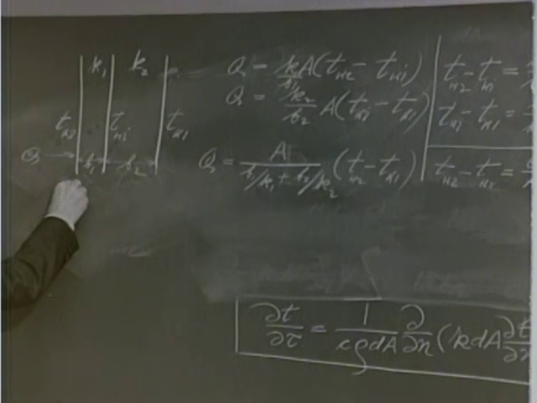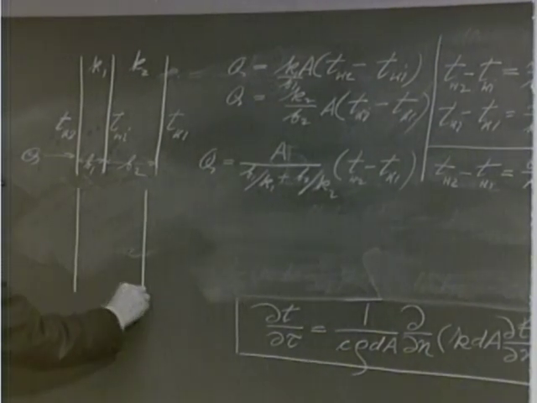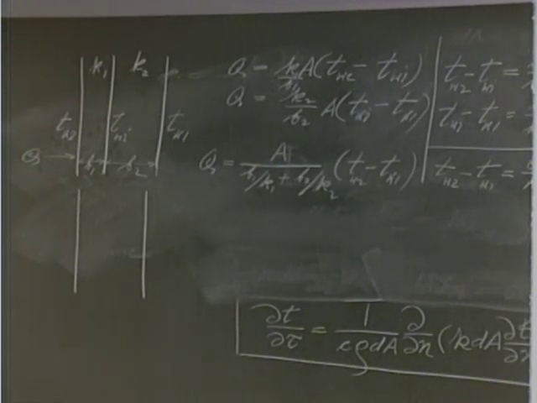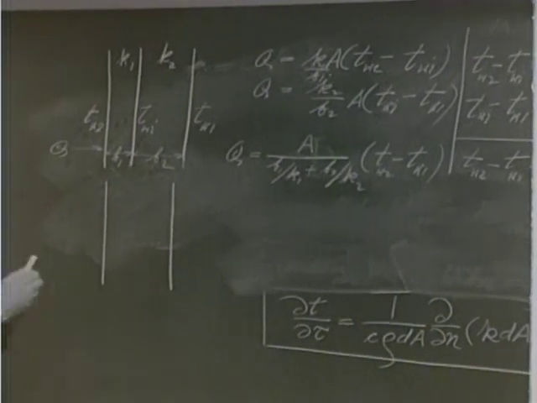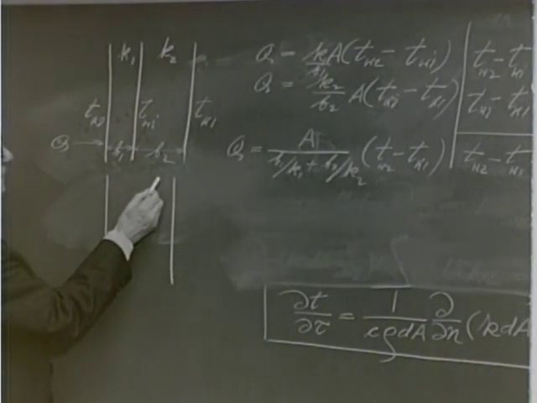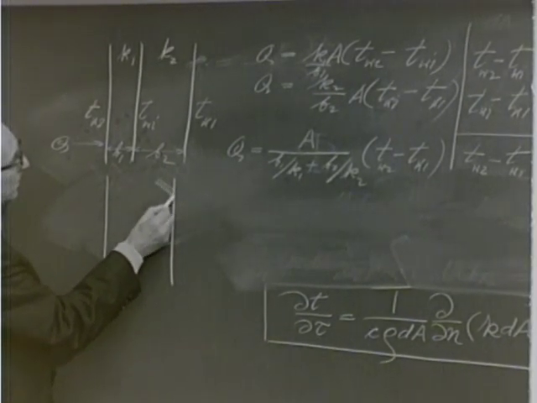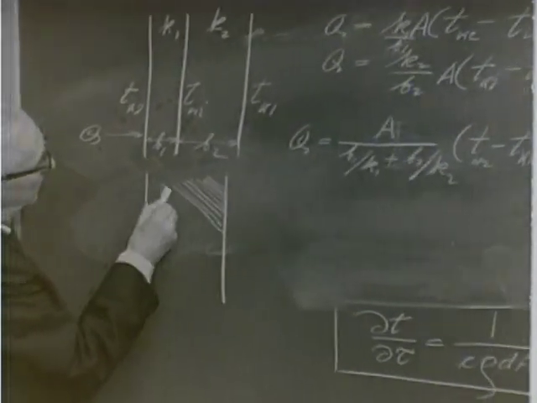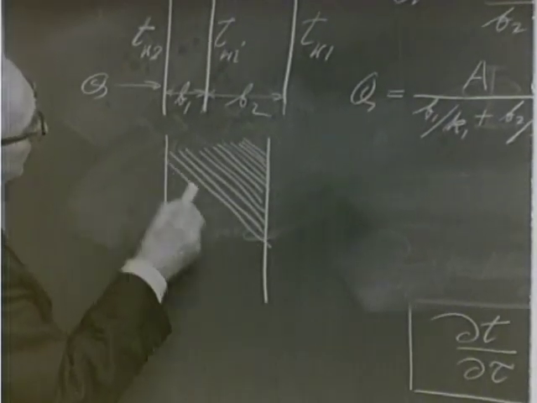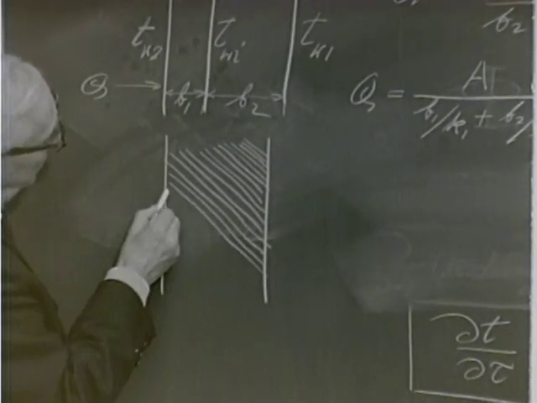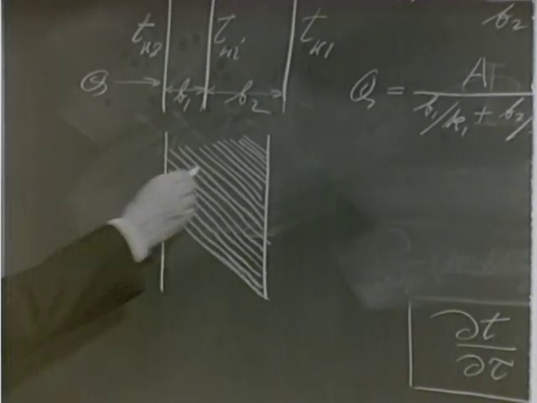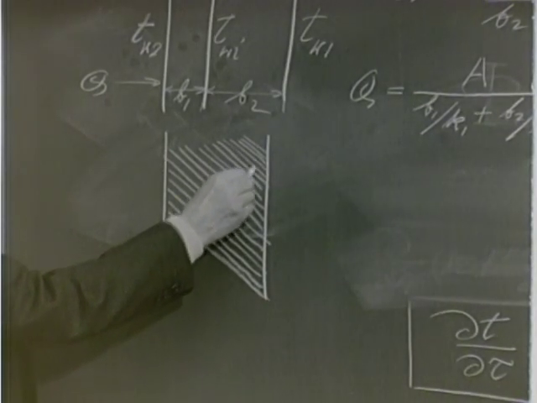Another situation, which is of some interest and which we will just discuss now in a qualitative way, would be, let's say, again we have a composite material, but the composite material would consist of a very large number of very thin layers arranged in this way. Again, it would be layers of alternately different material.